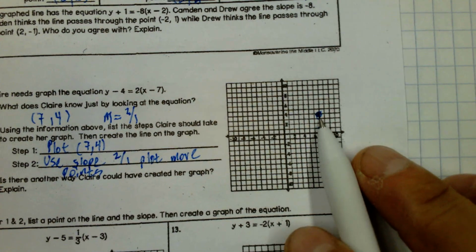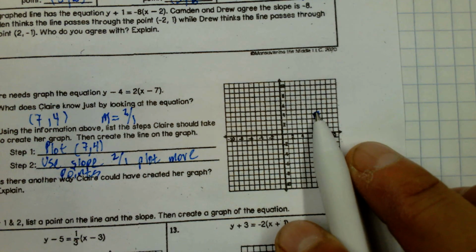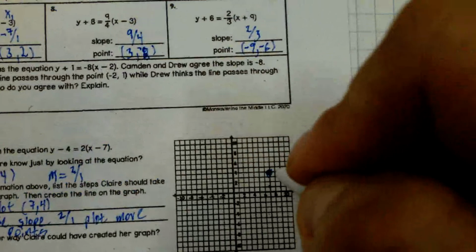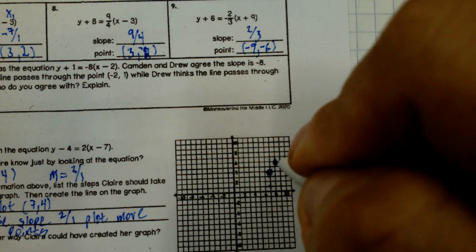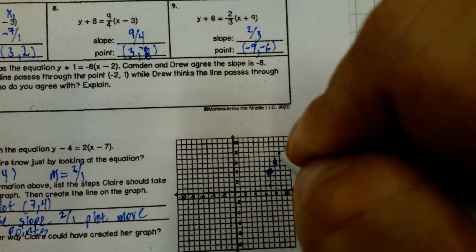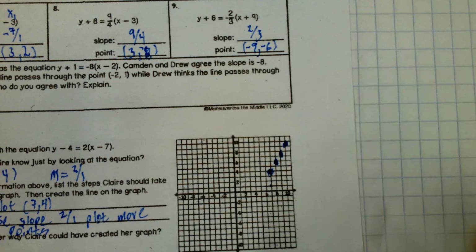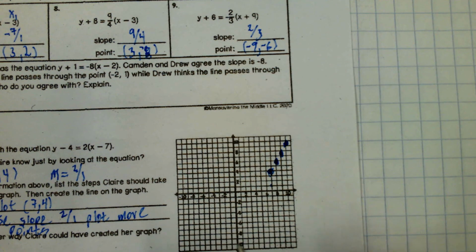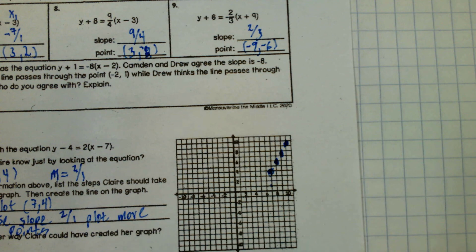So instead of starting at the y-intercept, we know this is a point on the line. We're going to go up 2 over 1, just using the rise over run. And we'll do that maybe 2 more times. So now we have 4 points we can graph. Let me grab a ruler.